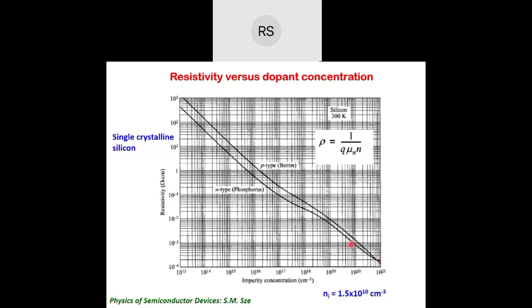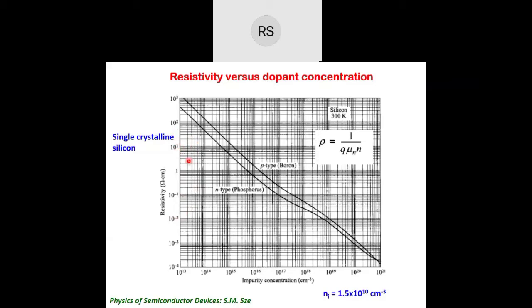By changing the dopant concentration, either P or N, you can tune the resistivity over 7 orders of magnitude. You can make it metallic in nature, or you can make it insulating. And the semiconducting range I will call 10 to the power minus 1, 1, 10, or 100.